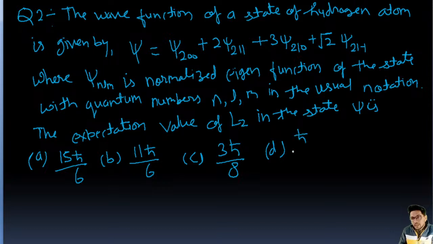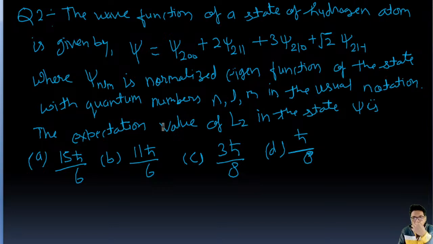Okay, very good question. So this is the wave function of a state of hydrogen atom, where psi NLM is the normalized eigenfunction of the state with quantum numbers n, l, m in the usual notation.